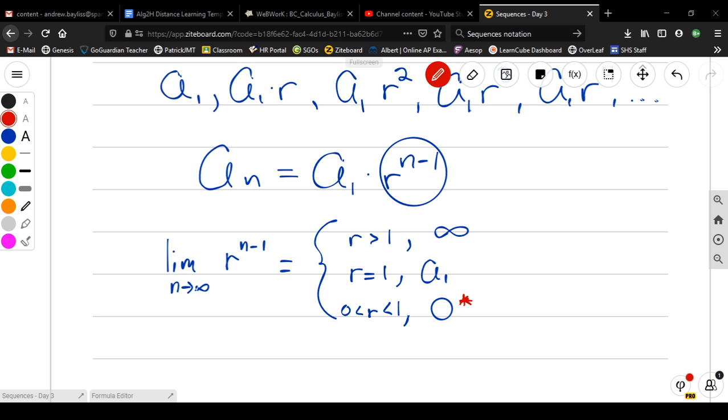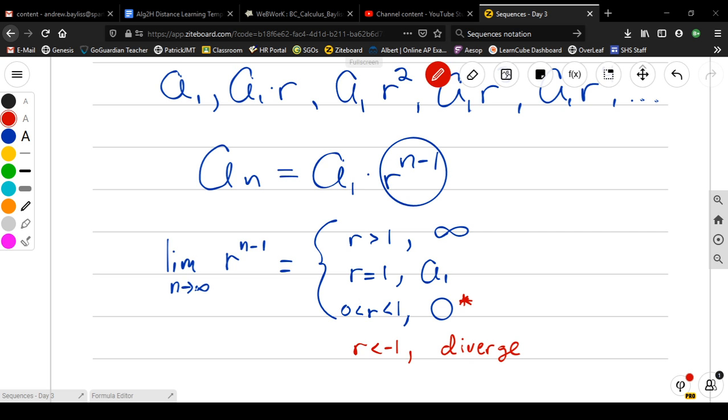Our terms are going to end up decreasing, getting closer and closer to 0. Of course, if your r is negative, all that means is our sequence is going to be alternating. So I could say if r is less than -1, this is just going to diverge. And it's not going to diverge to positive infinity or negative infinity. In fact, it's going to get infinitely big and infinitely negatively big as well.